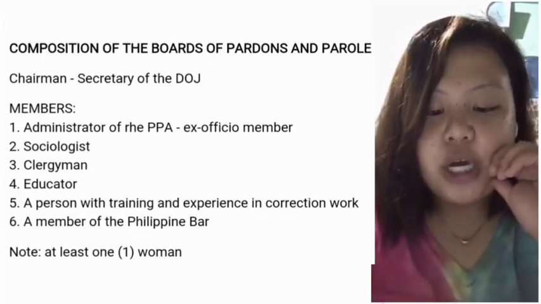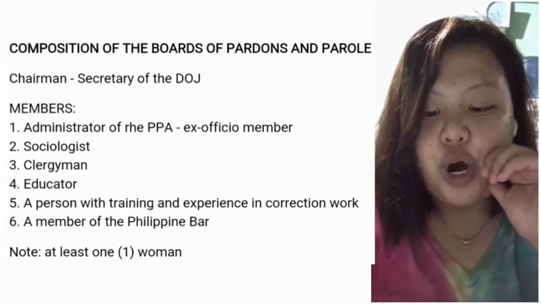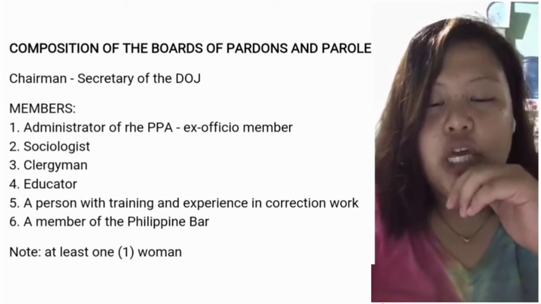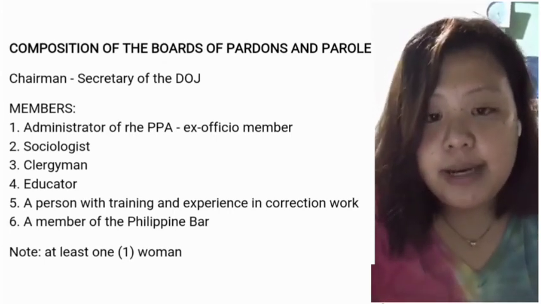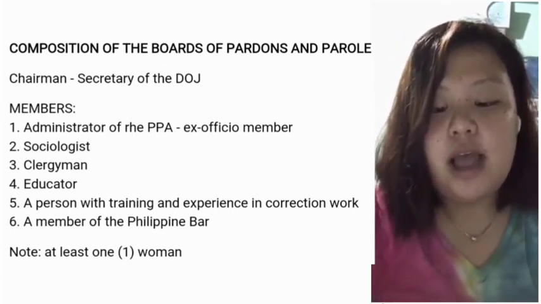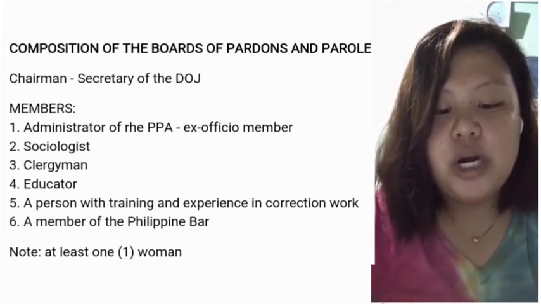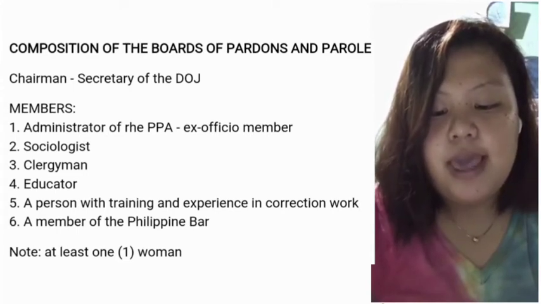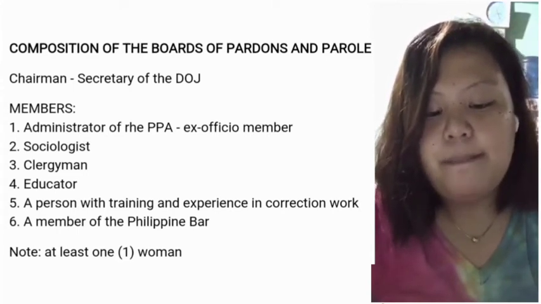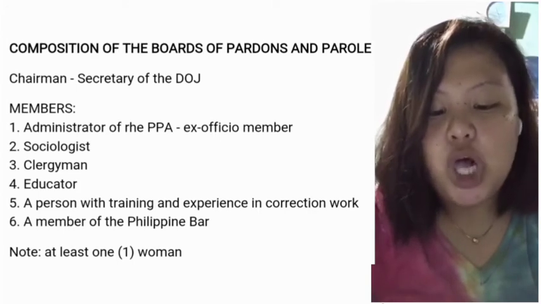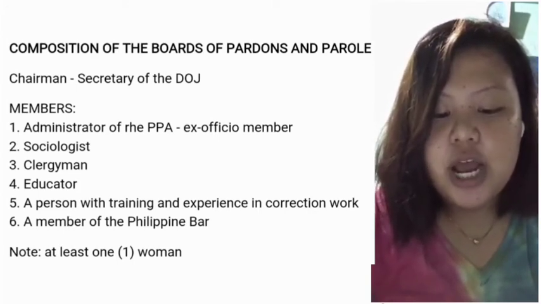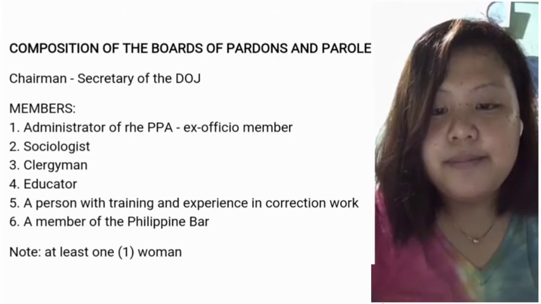So, diri na punta sa composition of the Board of Pardons and Parole. So, first is the chairman, second is the secretary of the DOJ. Members: first is the administrator of the PPA, an ex-officio member. Second, psychologist. Third, clergyman.